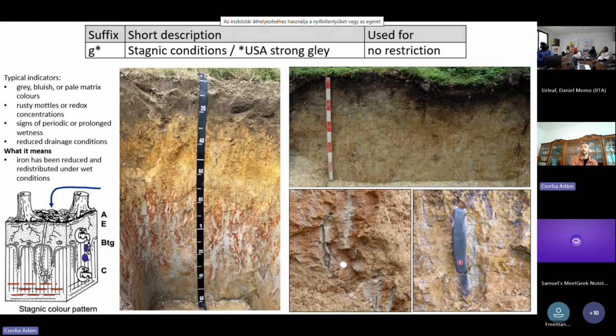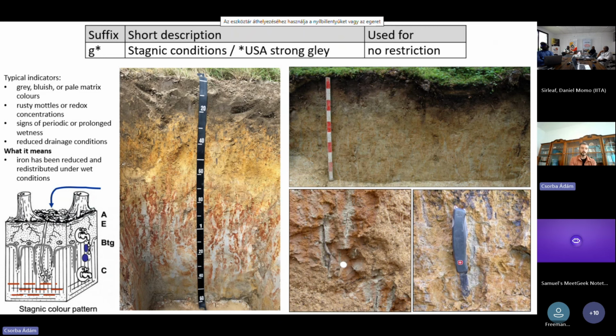When soils become saturated with water, oxygen in the pores is depleted. Under these conditions, the iron in the soil gets reduced and becomes mobile. When the soil dries and the oxygen returns, that iron reoxidizes and forms reddish mottles or concentrations in the soil.